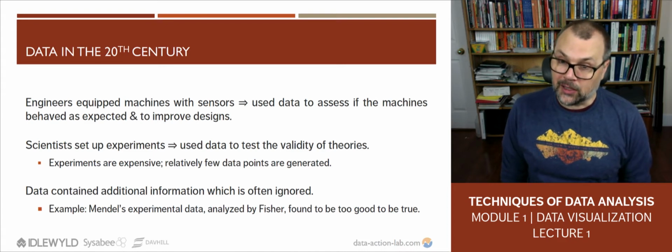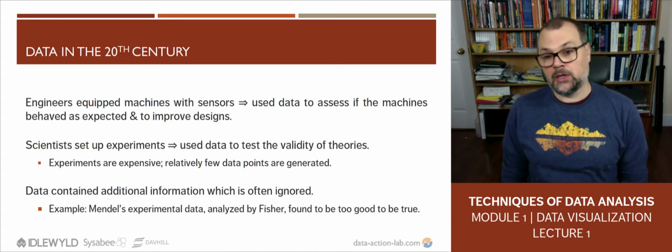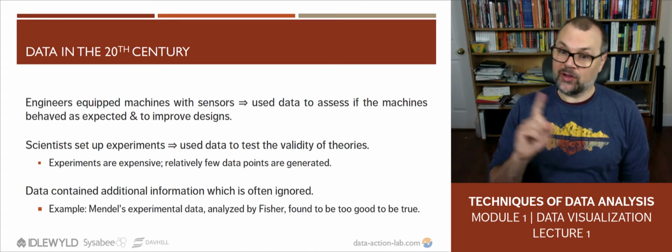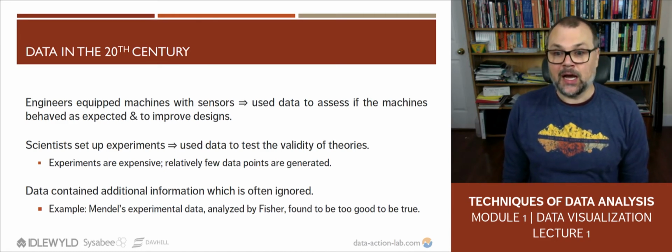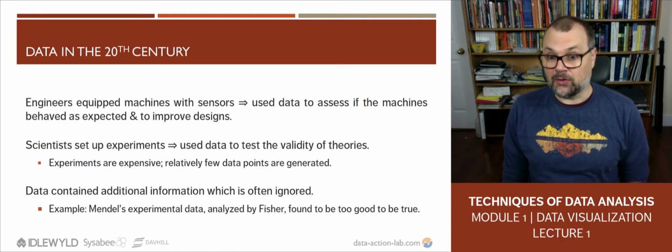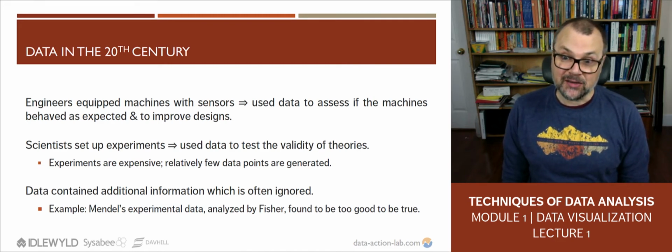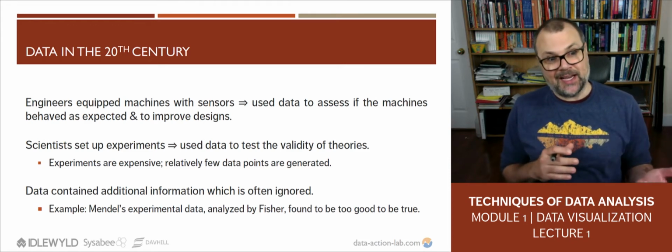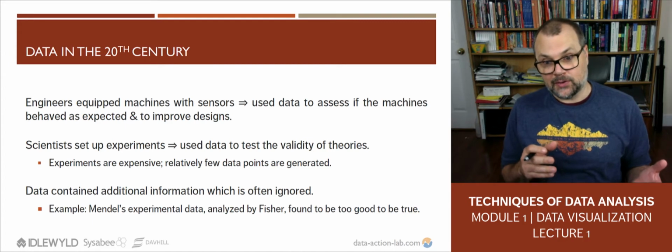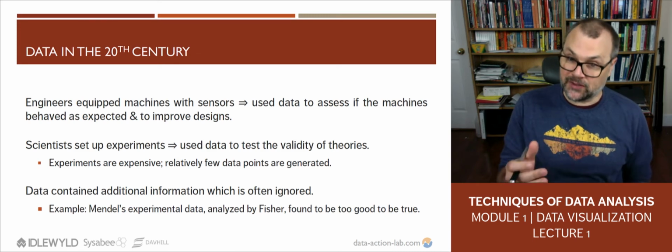The Centre Européen de Recherche Nucléaire, CERN, which was for years the biggest physics lab, where they would run these particle accelerators to study particle physics, can cost upwards of hundreds of thousands of dollars to run one run of experiments, right? So these things were very expensive, so you couldn't run too many experiments, which means that ultimately we had very few data points to work with. At least very few data points were generated by the experiments, relatively speaking.